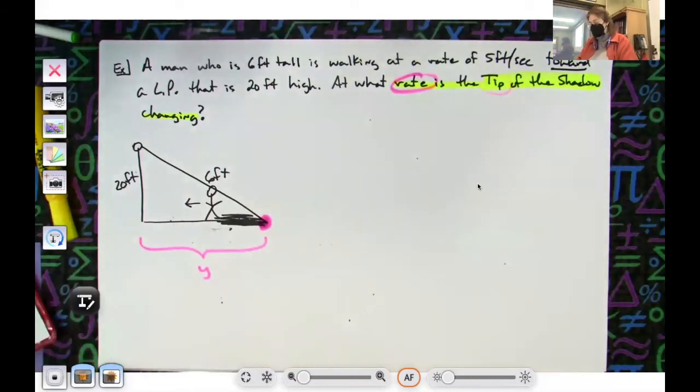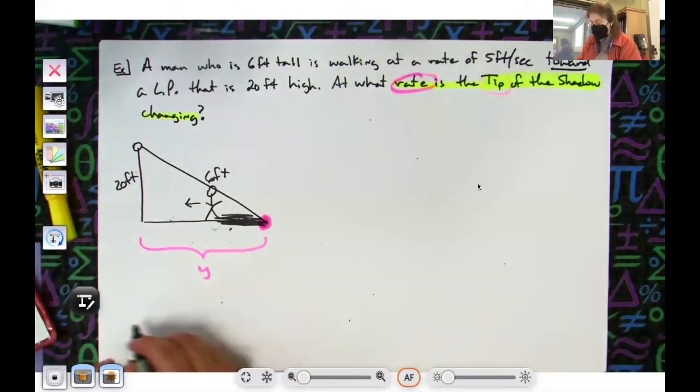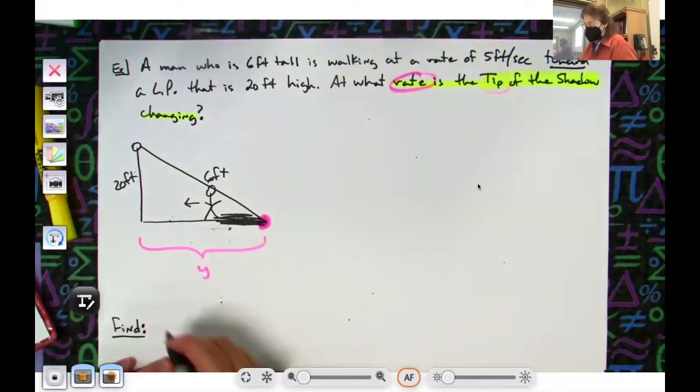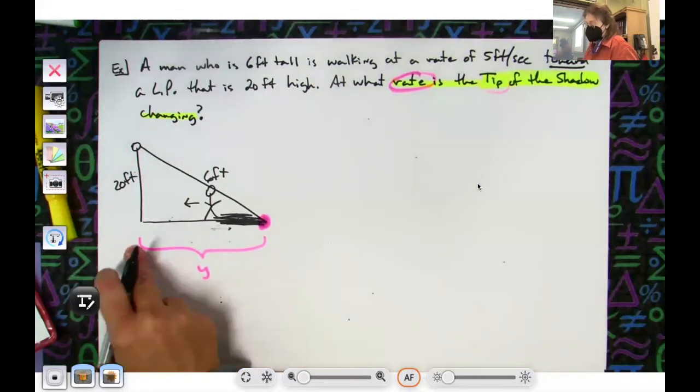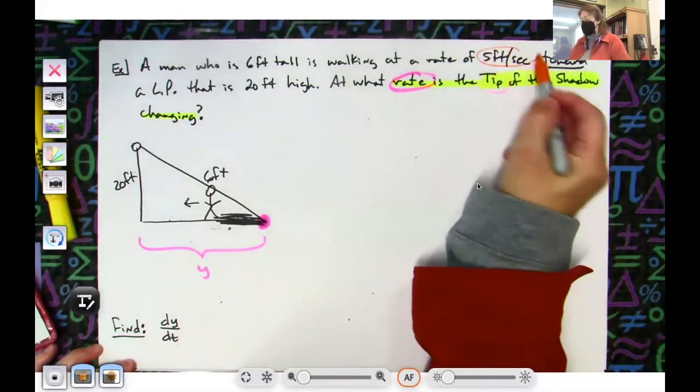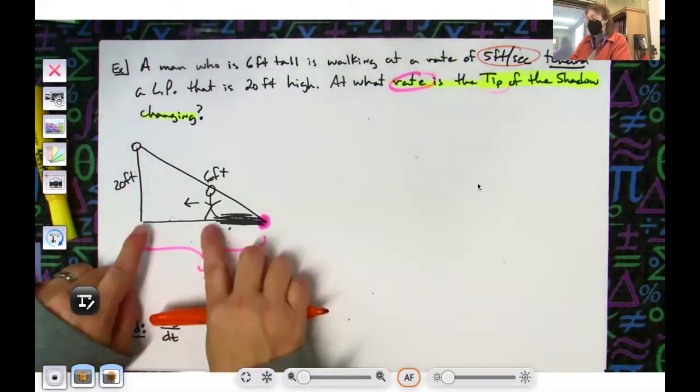If I let that be y, because we focused on the question first, then I'm trying to find the rate that distance is changing, which is dy over dt. Now let's put the information that was given to us on the diagram. He was walking at a rate of 5 feet per second.